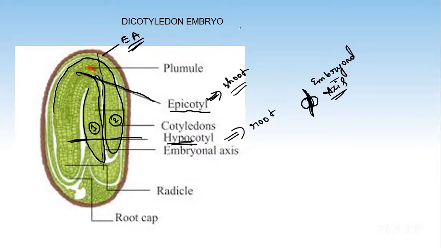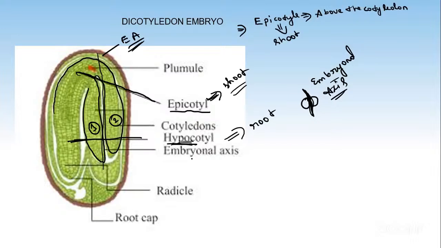Kindly make a note of this. Epicotyl is above the cotyledon, the structure above the cotyledon, and this epicotyl will give rise to the shoot.